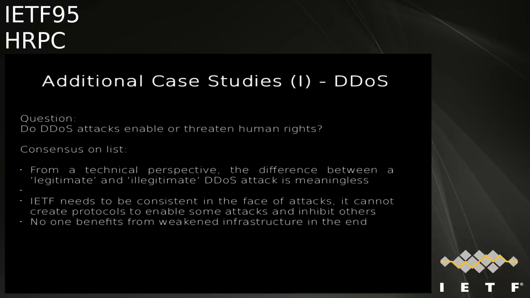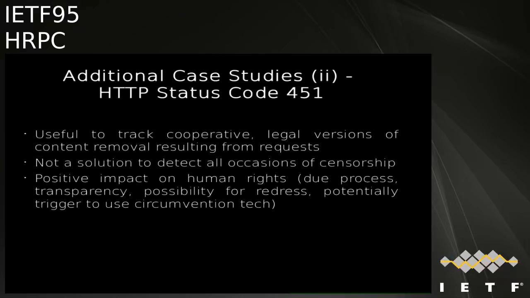Another case study that we did was HTTP status codes. The interesting thing about this is that it would allow operators to operate with greater transparency in cases where law or public policy issues affect their work. But something to keep in mind, which was pointed out on the list at several points, is that it's useful when you're focusing on cooperative legal versions of content removal requests.